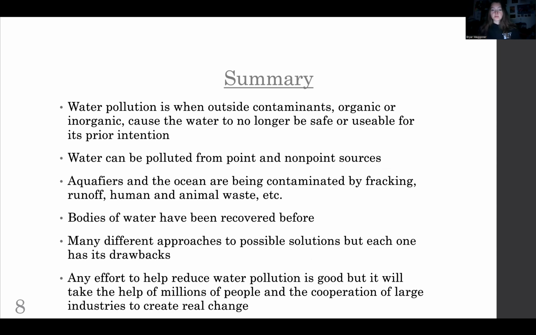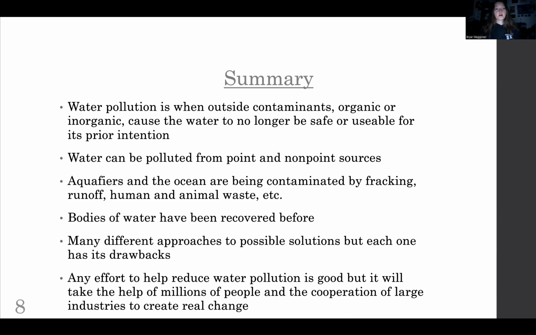In summary, water pollution is when outside contaminants, organic or inorganic, cause water to no longer be safe or usable for its prior intention. Water can be polluted from either point or non-point sources.